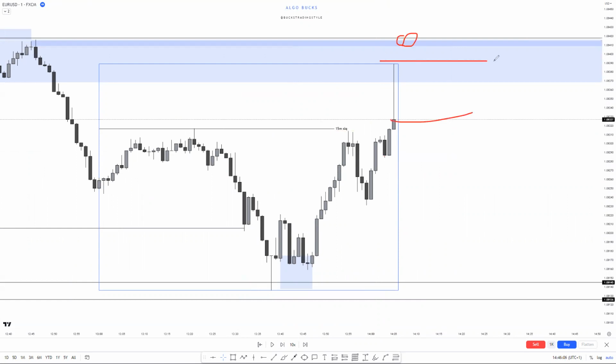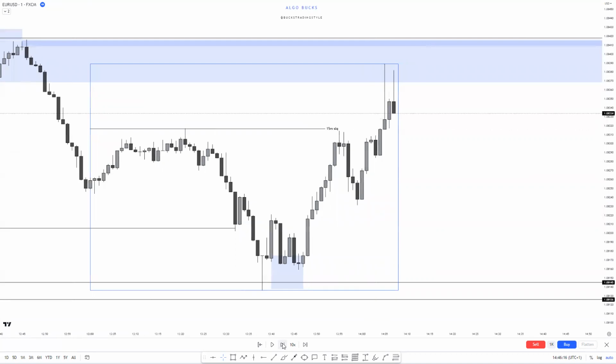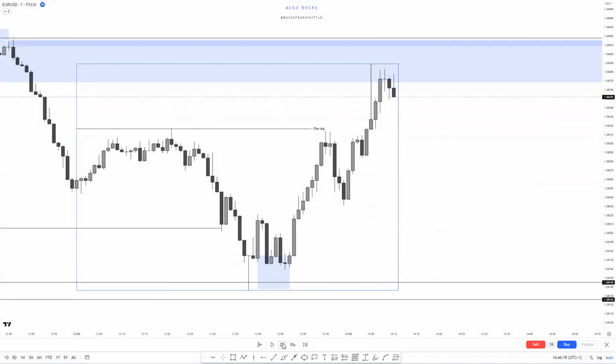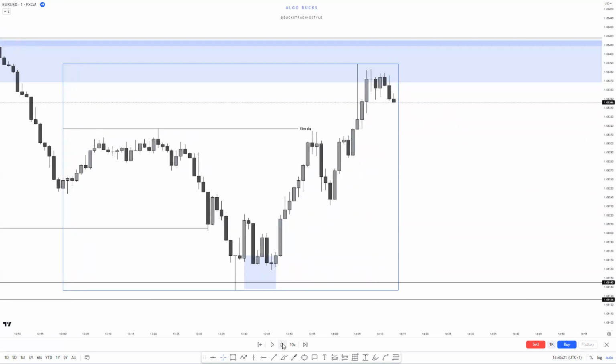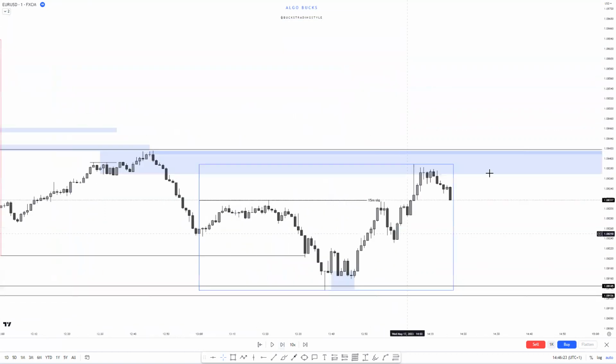This rejection candle is too large, too big, right? This would be like a 7 pips stop loss. So too large, and we'll not be taking that. So let's see if we can get any opportunity. Now we are waiting for a delivery, right? So we have this low and then this high.